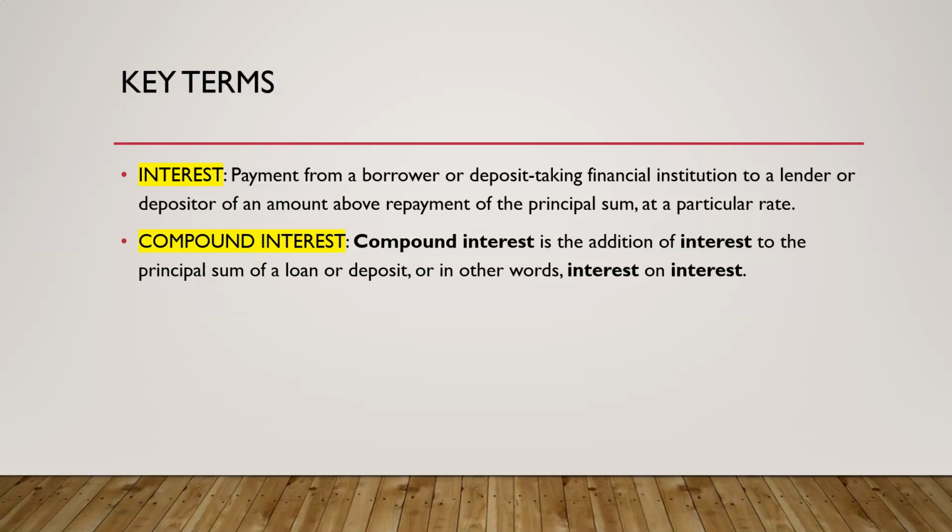The next year it will be counted as 110 and interest on 110, so 10% of 110. So this is how it will keep going on. So that is what compound interest is. It adds the principal sum with the interest and then takes interest based on that principal sum plus interest from the previous year.